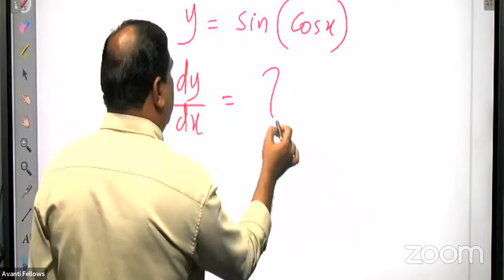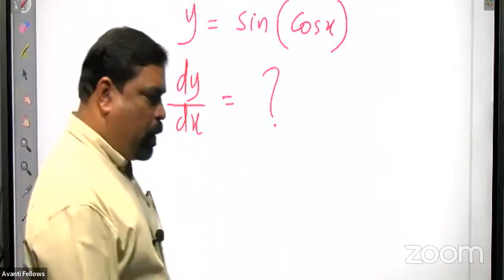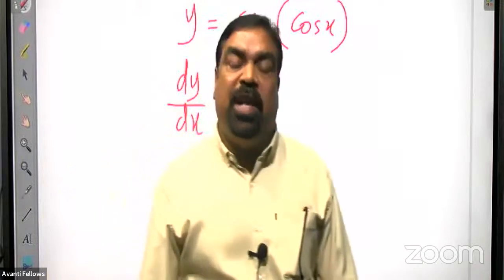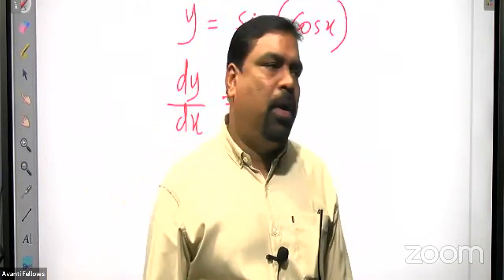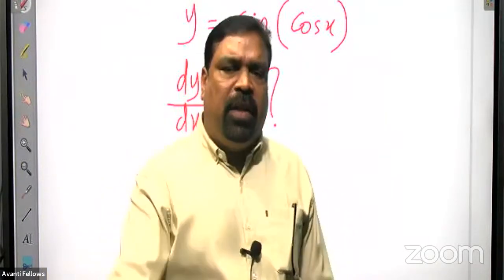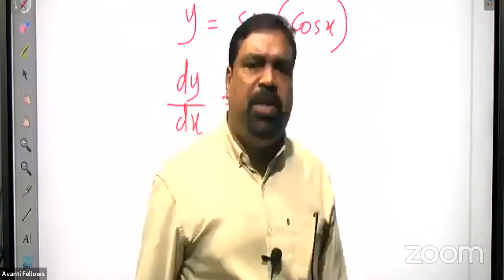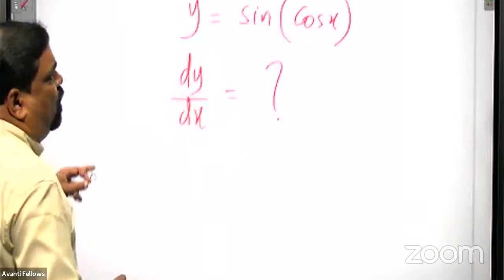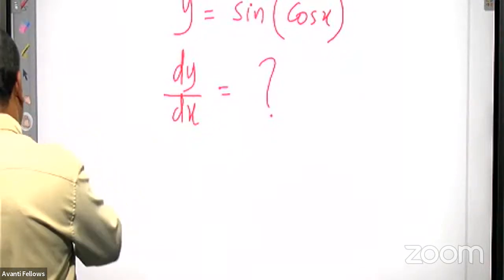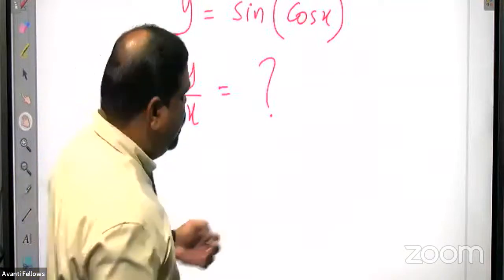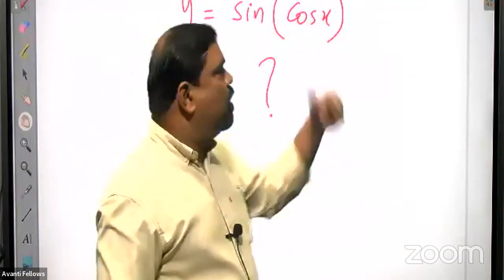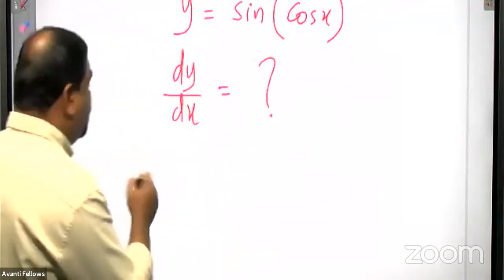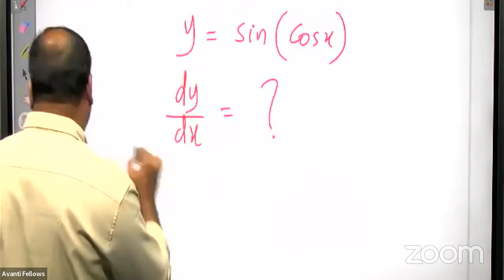For that, we apply the rule which is called the chain rule. Another name is the function of a function rule. What we have to do is, in the beginning, for the function inside the bracket, we put some new variable, a new name.